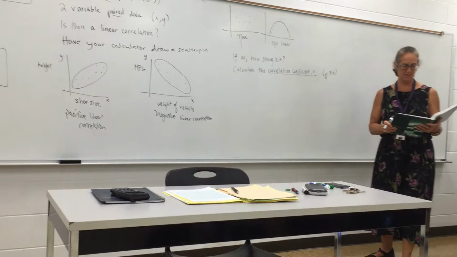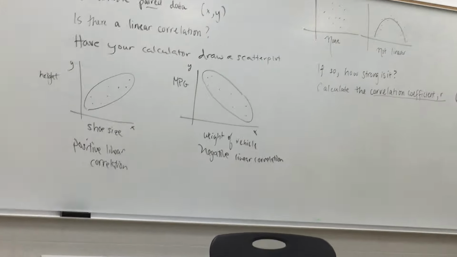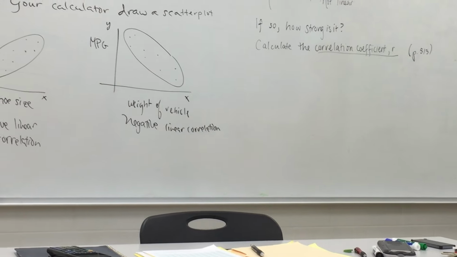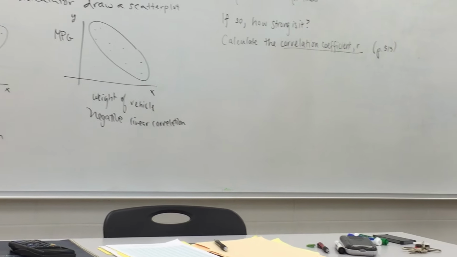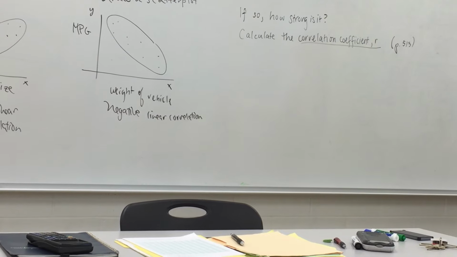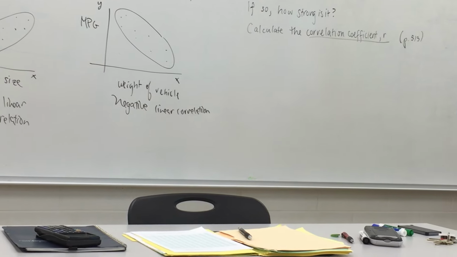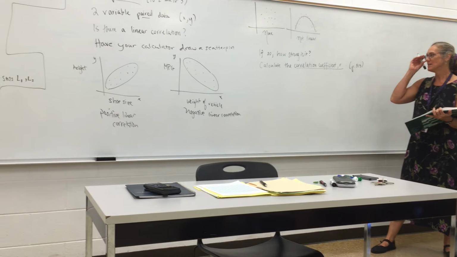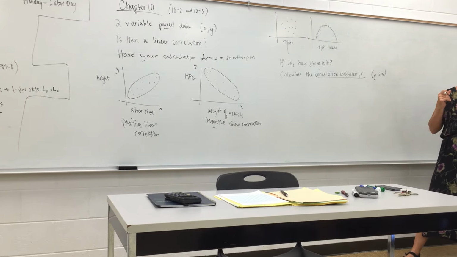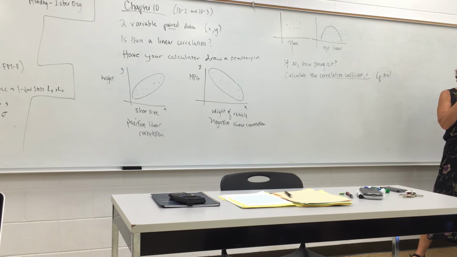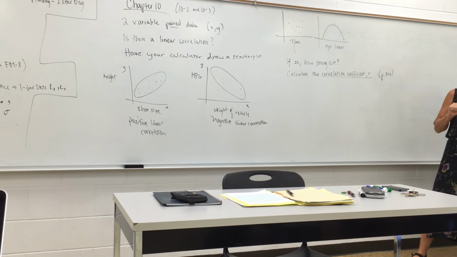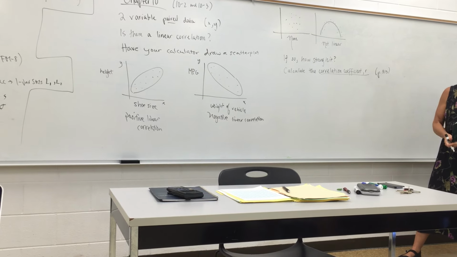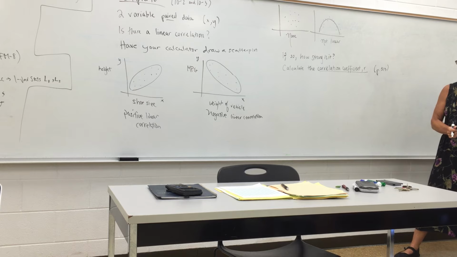It's got some sums of x times y's and sums of x's times sums of y's and sums of x squareds and sums of y squareds and subtracted and added and square rooted and fractioned, but it's a complicated formula. So the good news is it's built into your calculator. There is some setting you have to change on your calculator, and I'll show you that to make sure that it shows you what R is. So that's not going to be hard. We're going to calculate this correlation coefficient.